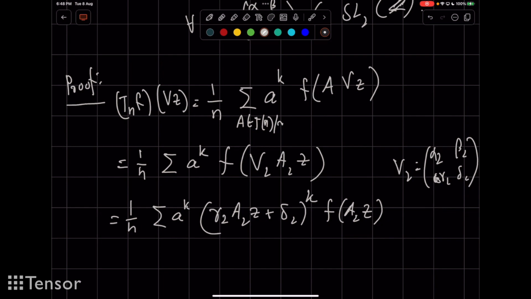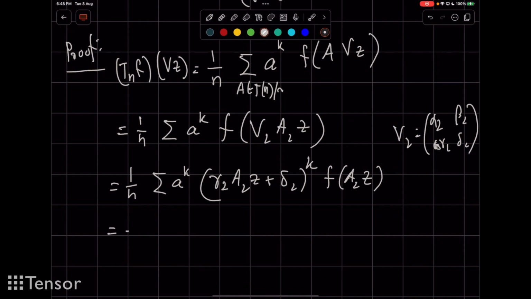Is that right? So we get 1 over n sum of a times (gamma_2 A2 z plus delta_2) to the power k.